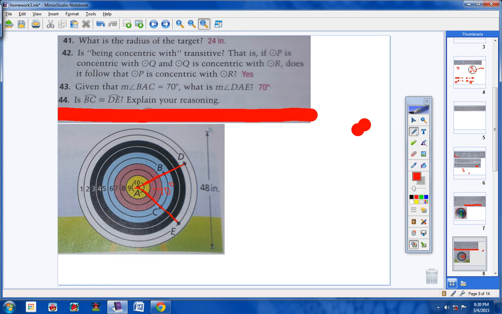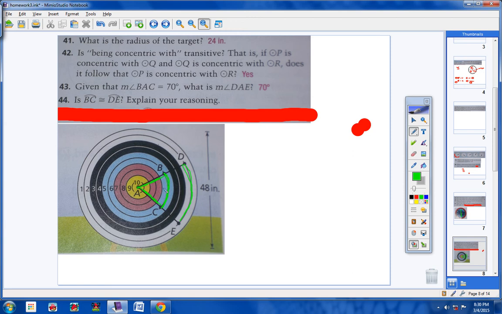Now, is arc BC congruent to arc DE? This is a really good question, so please pay attention. Arc BC is right here. Arc DE is right here. Now, students, if I asked you for the measurement of arc BC, you would have to say it's 70 degrees.